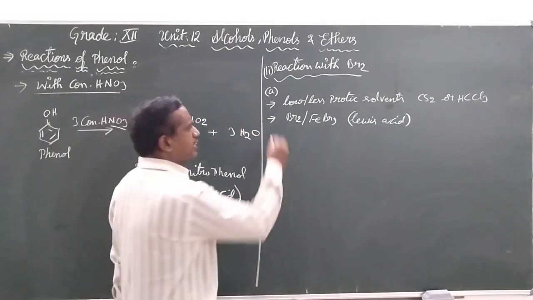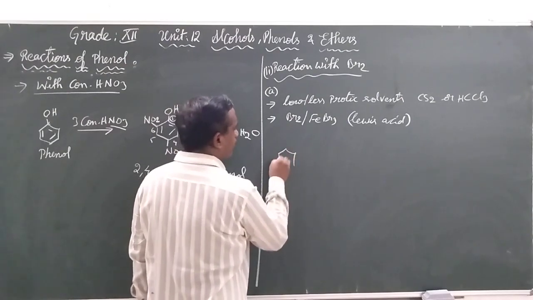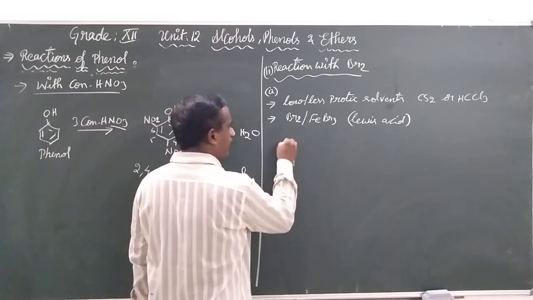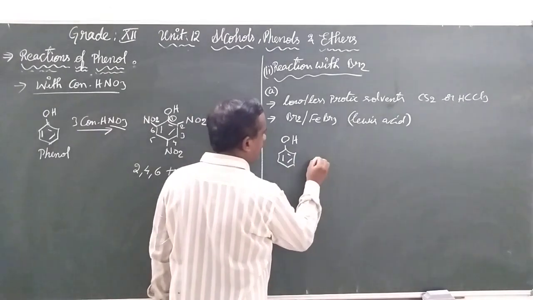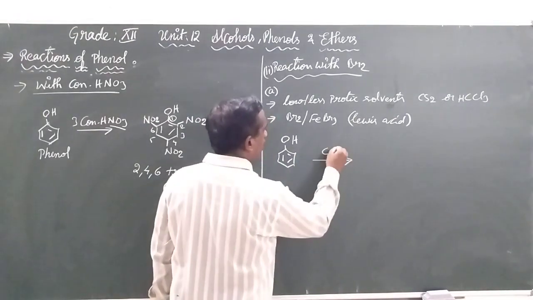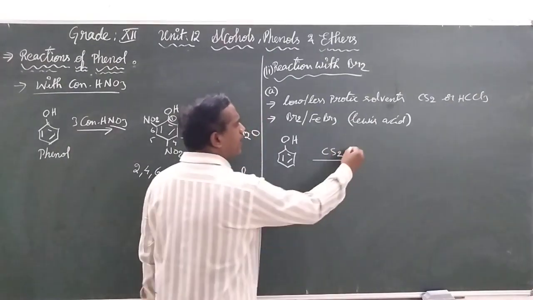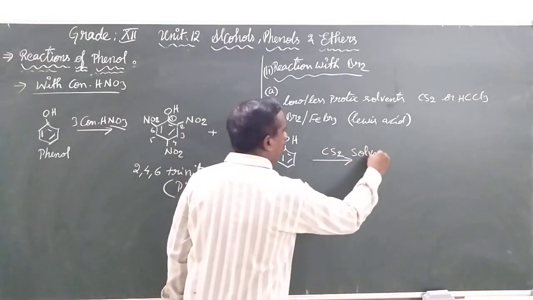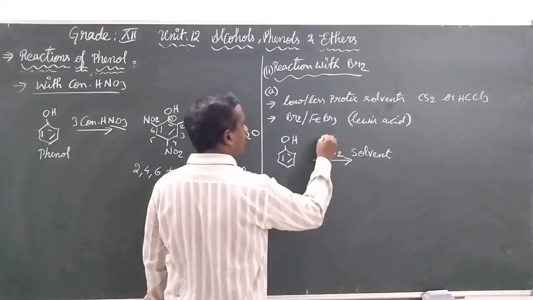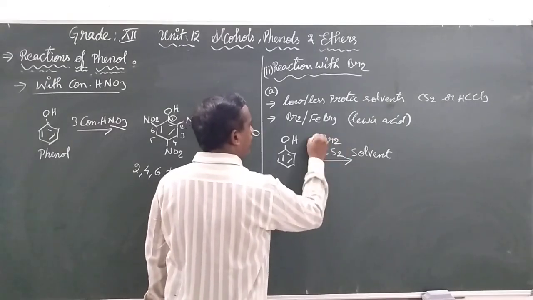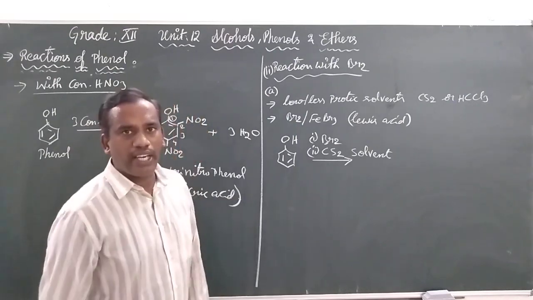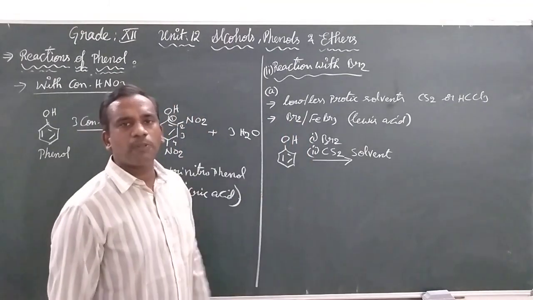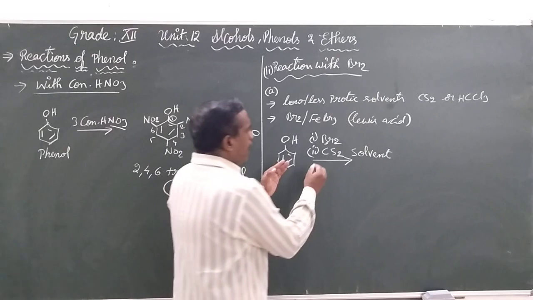In these cases, let us take the phenol. We react the phenol with carbon disulfide, which is used as a solvent, and the bromine is added in the presence of carbon disulfide solvent, which is a less protic solvent.